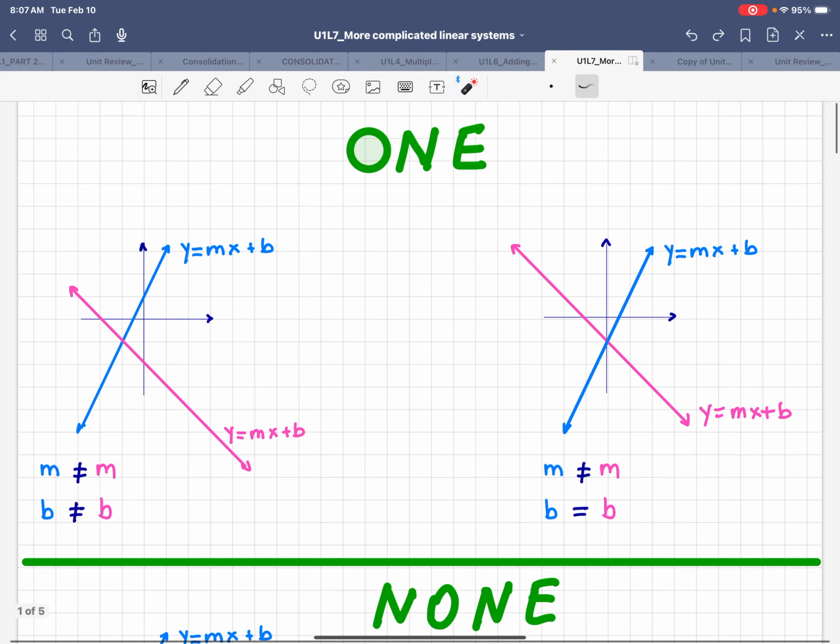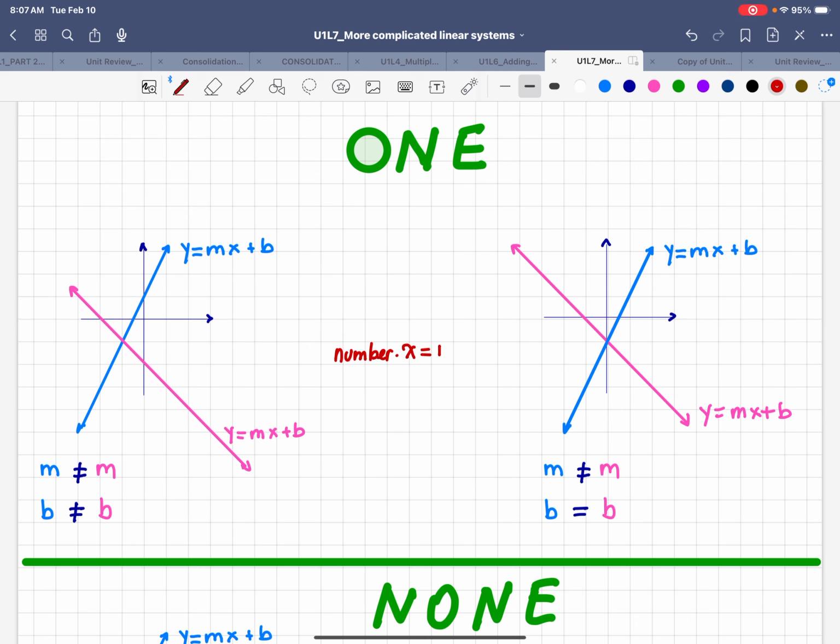Now, when you solve these particular systems of equations algebraically, when we have one solution, we end up, for example, if you're solving for x, with an equation of the form a number times x equals some number. The number multiplying x, very importantly, has to be different than 0, whereas the number on the right can be any real number, including 0.